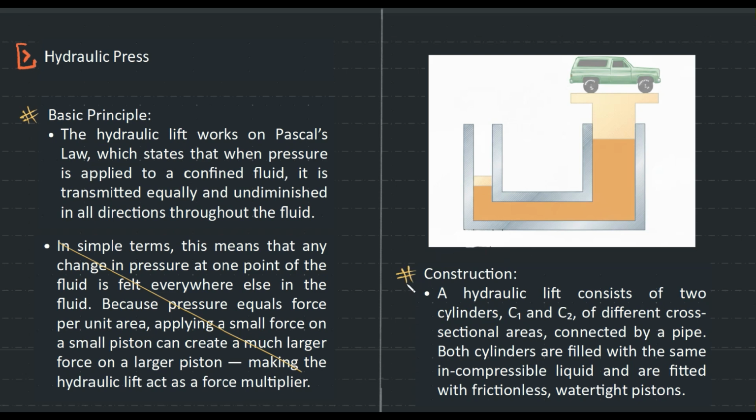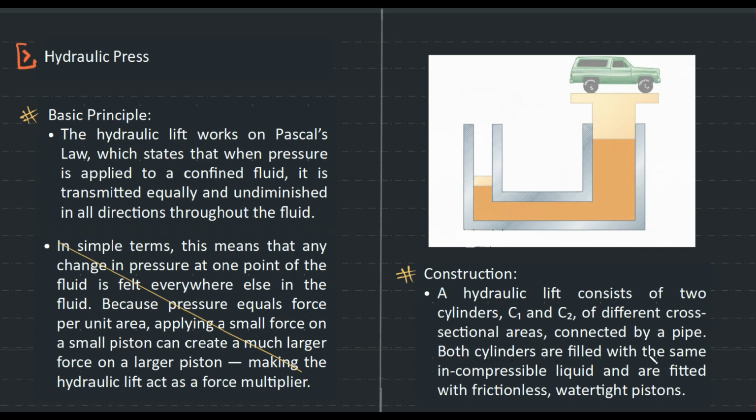So basically, what does your hydraulic lift look like? It's a very simple thing. It consists of two cylinders, C1 and C2. Say this is C2 and say this is C1. You can clearly see that their cross-sectional areas are different, connected by a pipe.